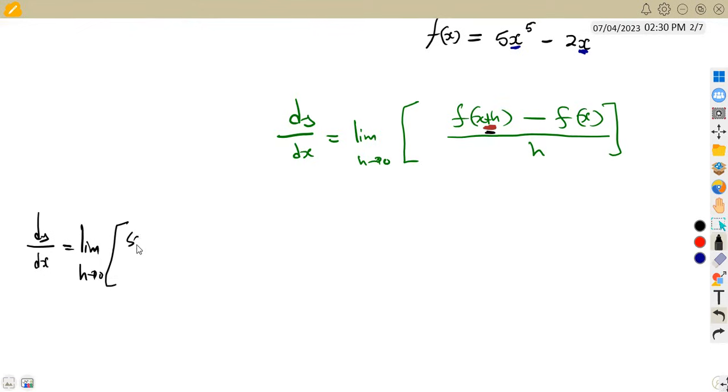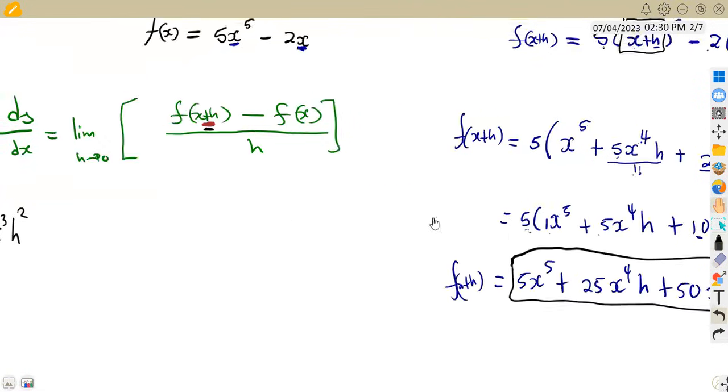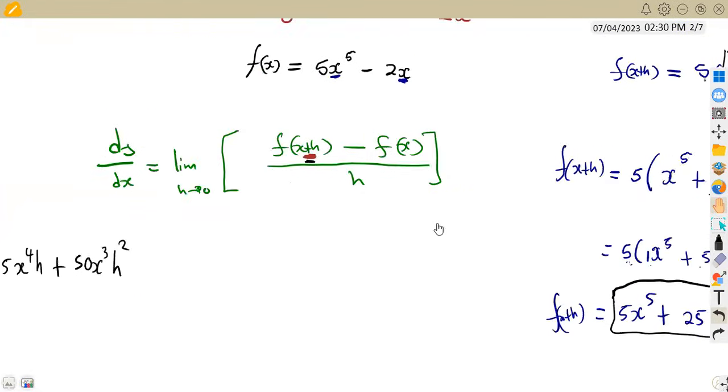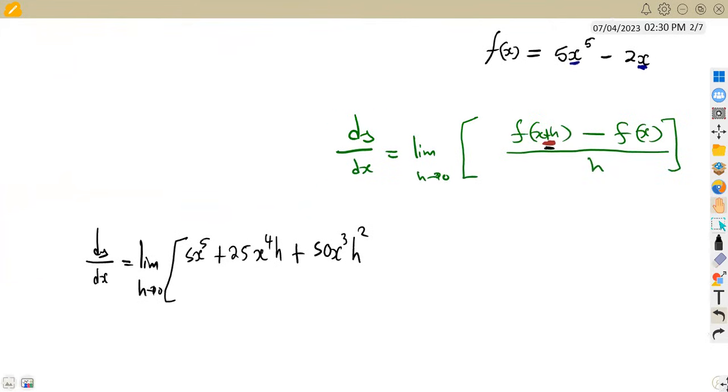Remember that value that I gave you is 5x to the exponent of 5 plus 25x to the exponent of 4h plus 50x to the exponent of 3h squared. Then we've got, that was 3 terms. Then we've got minus 2x minus 2h. So we're going to have minus 2x like this, minus 2x minus 2h.